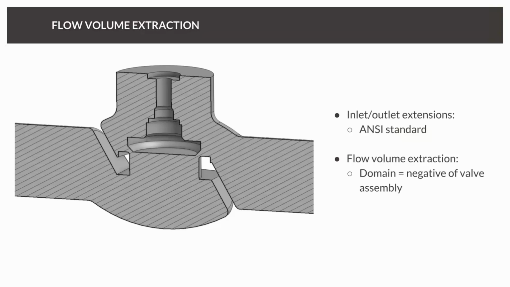I added an inlet and outlet extension. I added basically pipes on each side, and this is to allow for fully developed flow. You need a certain amount of entrance length before the flow profile across the pipe is considered fully developed. And if you're going to benchmark against an experimental rig you have, the number one rule I always tell people is you want it to look just like your experimental setup.